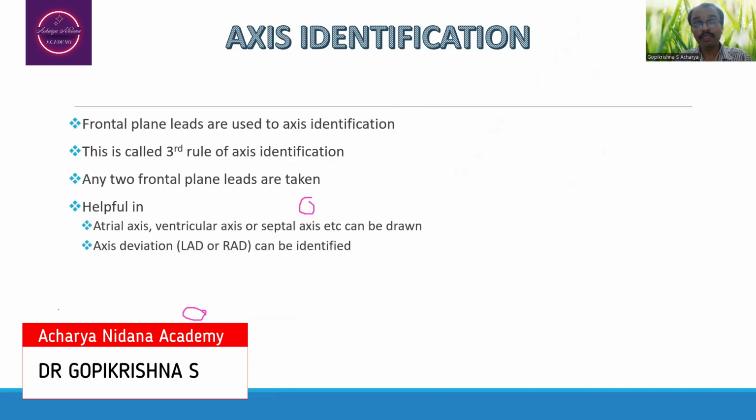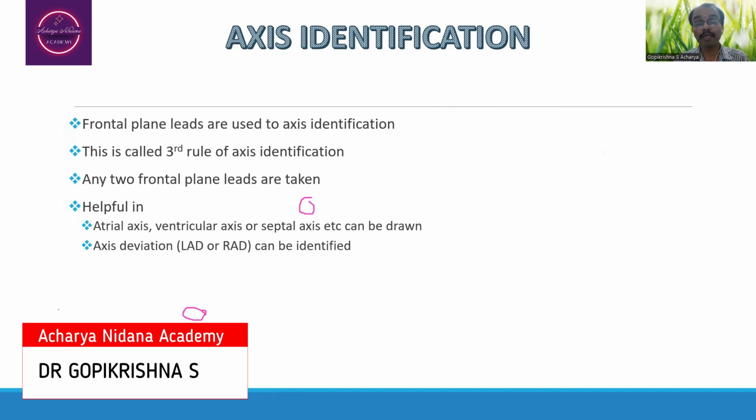Any two leads can be taken here. So to sum up, for axis identification, frontal plane leads are taken. That is lead 1, lead 2, lead 3, AVR, AVL, and AVF. Any two of the frontal plane leads are taken to identify the axis. This is called the third rule of axis identification.